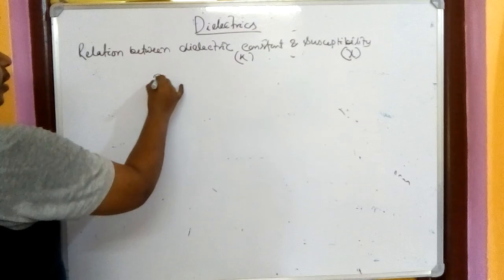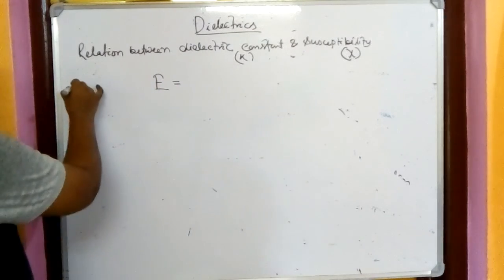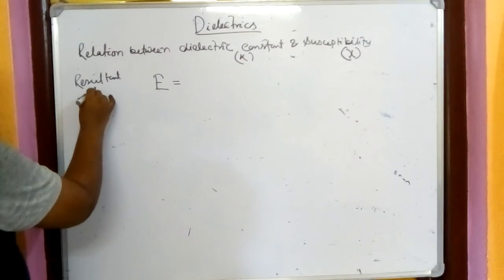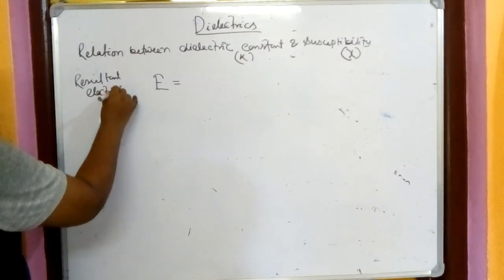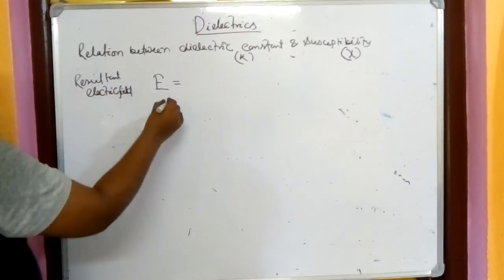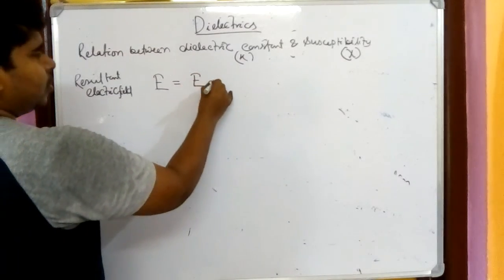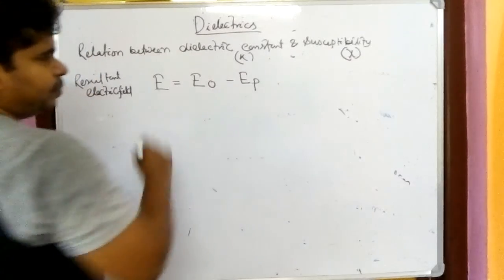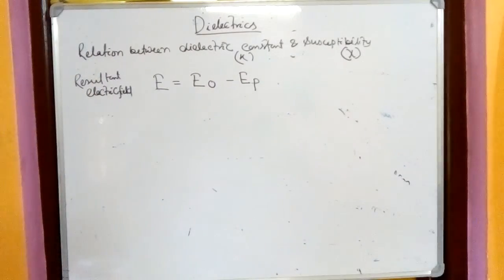We have seen here that the resultant electric field E equals E0 minus EP, that we have just defined.